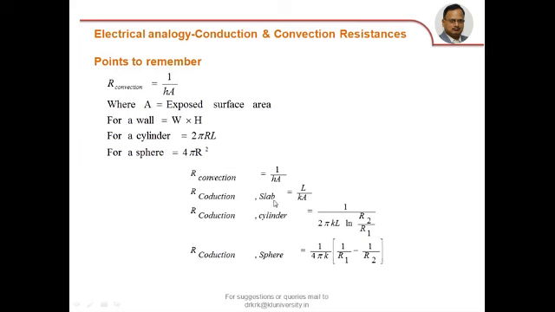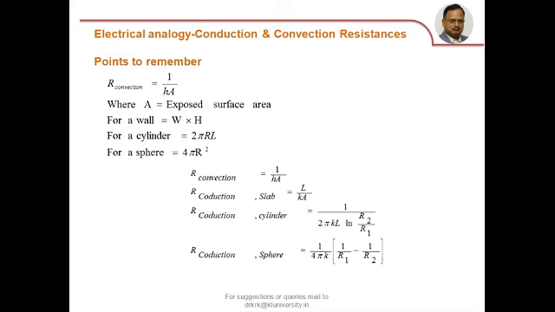And the conduction resistance for a slab is L by kA. The conduction resistance for a cylinder is 1 by 2 pi kL log R2 by R1, and the conduction resistance for a sphere is 1 by 4 pi k into 1 by R1 minus 1 by R2.